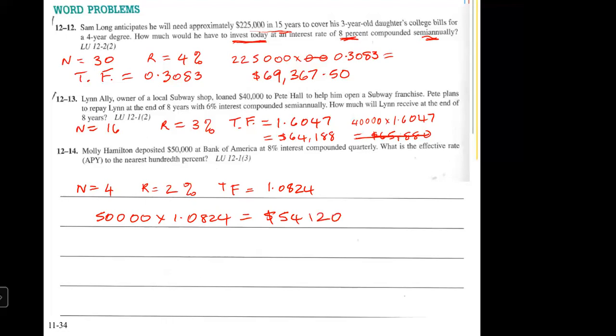Okay, so that is the compounded amount or the future value, but they want you to work out the effective rate. In order to work out the effective rate, what's our next step? Subtract the 50,000 from 54,120. So 54,120 minus 50,000 gives you 4,120.